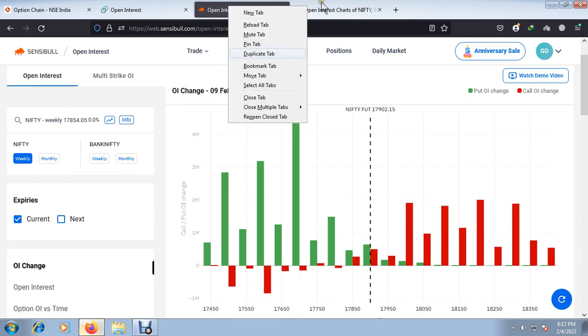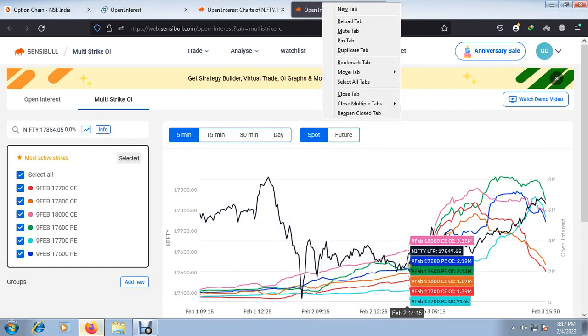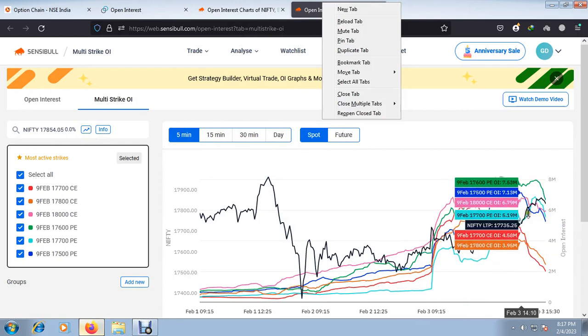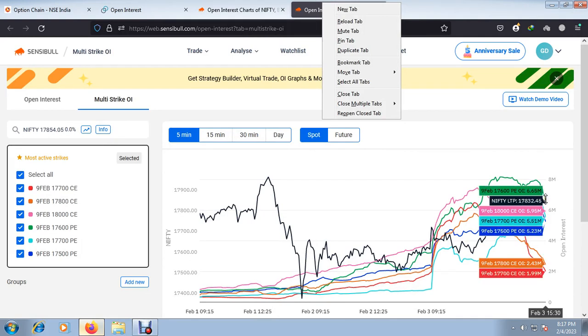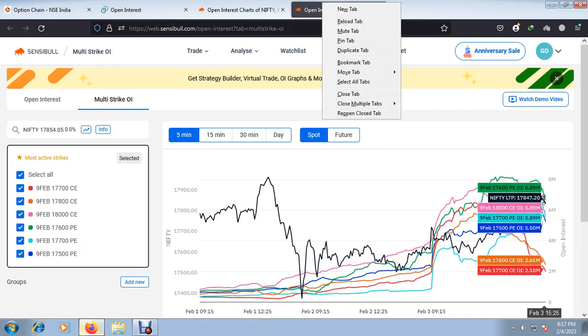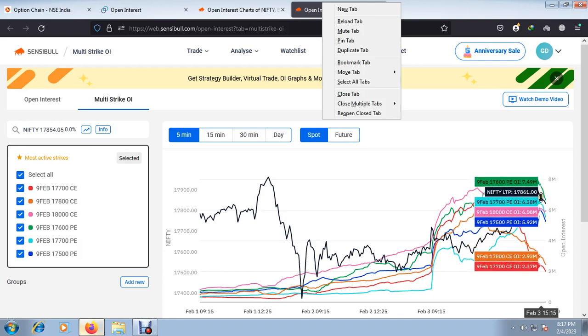In this graph also you can see this, because this is the closing I am showing. At the closing, 17700 PE was having the highest, then 17600 PE. And the black one is the LTP, meaning the Nifty spot price, it is showing along with the open interest graphs. So here you can very easily track.